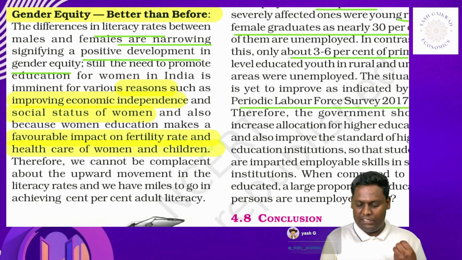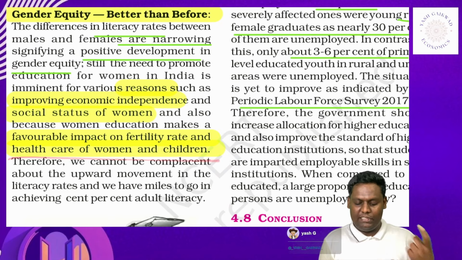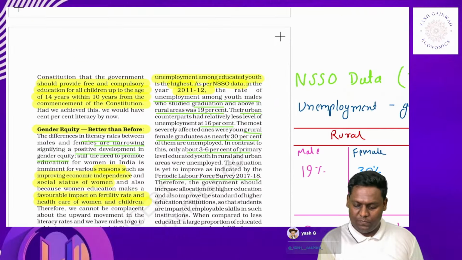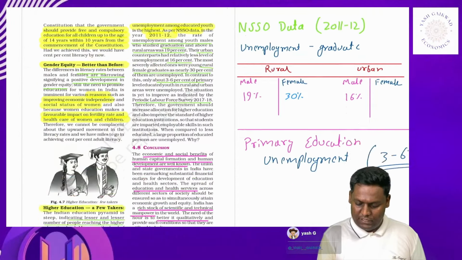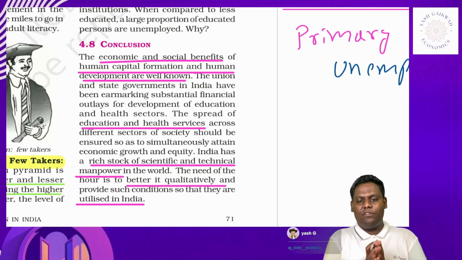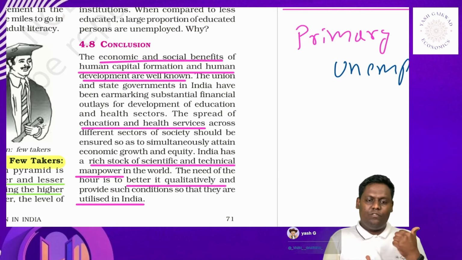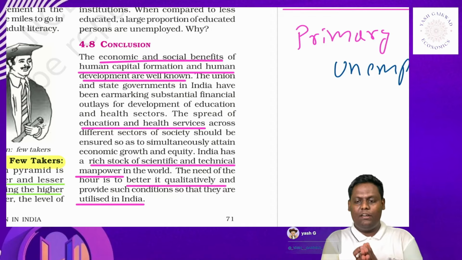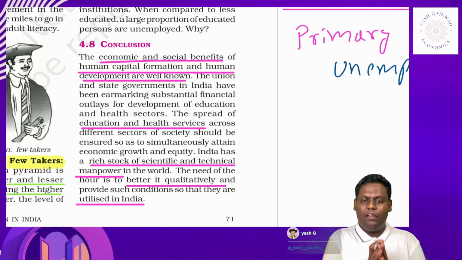As a result, it has favorably impacted the female fertility rate, and the overall condition of healthcare for children and women has also improved over the years. And we can conclude now that human capital formation is an integral part of creating a better population and turning it into an asset for any developing economy. It also results in overall increased productivity.